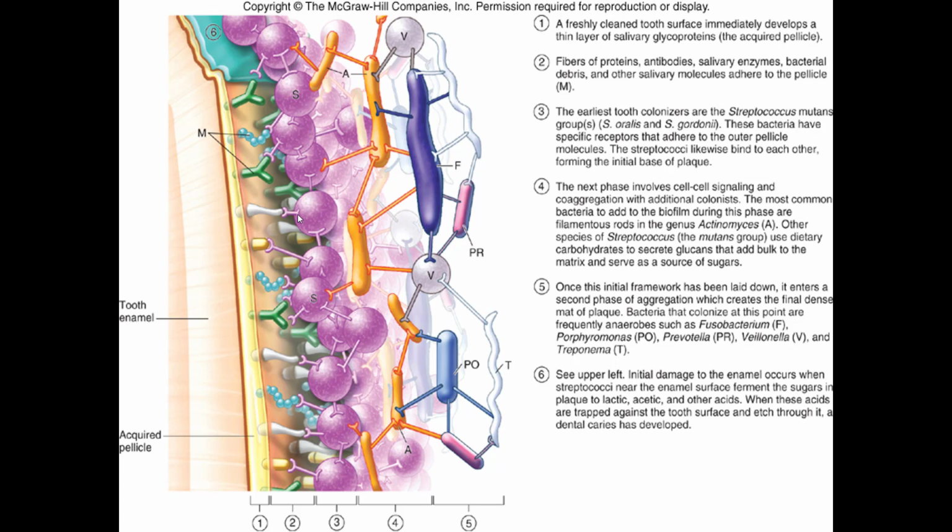And so then, after they've stuck to the saliva, the enzymes and things in your saliva, the next thing that happens, these A ones, actinomyces, they come along and they actually start eating the metabolites of the Streptococcus bacteria. But then it gets crazy because they are over here pumping out these metabolites, which actually happens to be sugar.